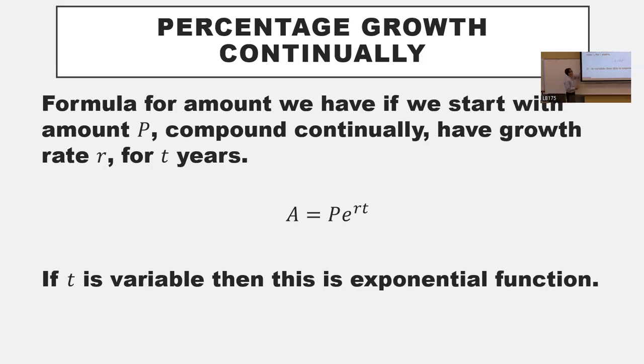It turns out lots of natural growth happens continually. Like if we're talking about putting bacteria in a petri dish and letting it grow, well, it's going to grow continually. It's not going to wait every month to grow. It's going to grow all the time.